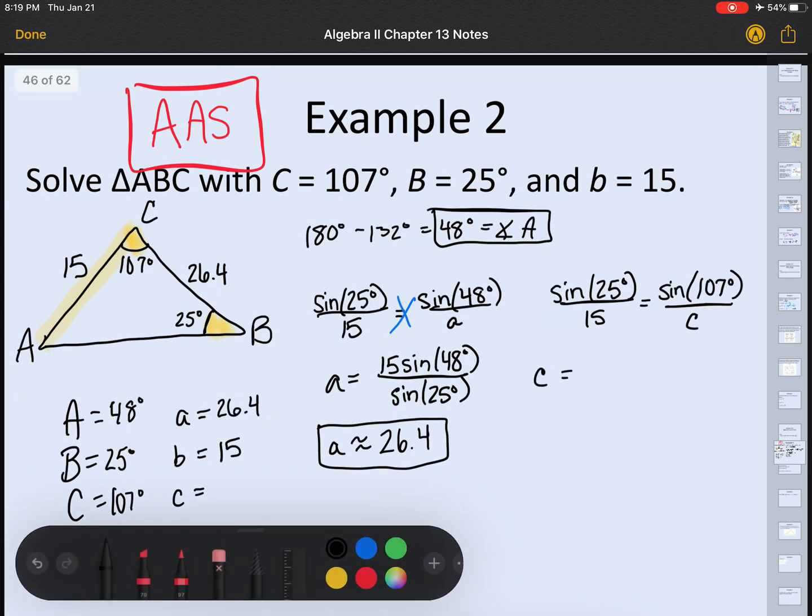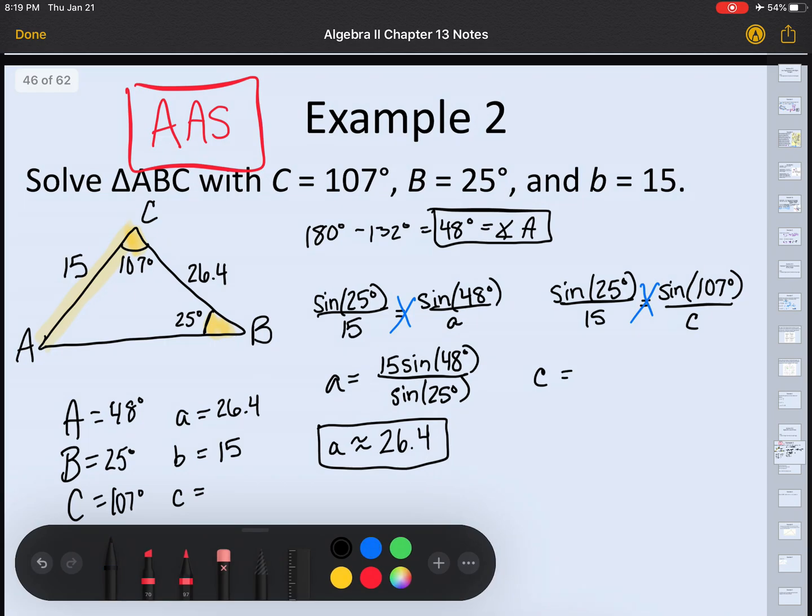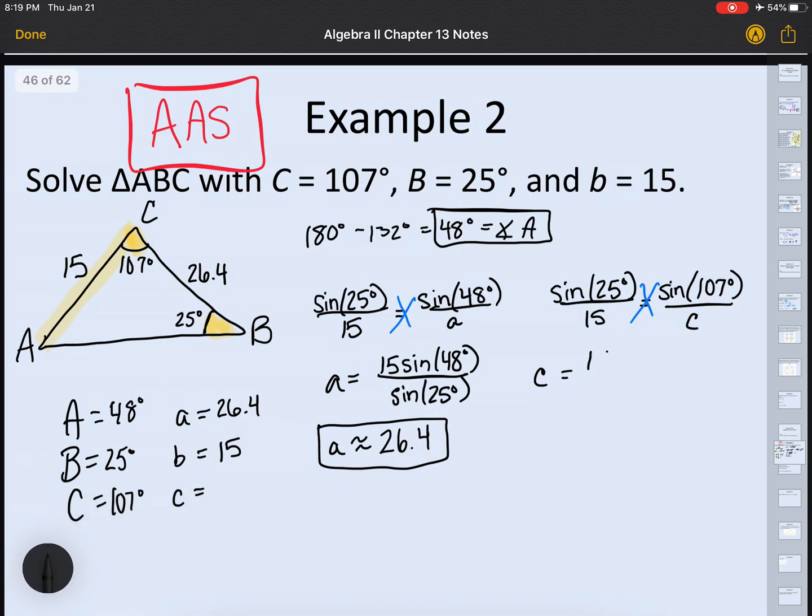Again, cross multiply. Okay, so we're going to get c is 15 sine of 107 degrees all over sine of 25 degrees. So c is going to be about, and then the calculator again.